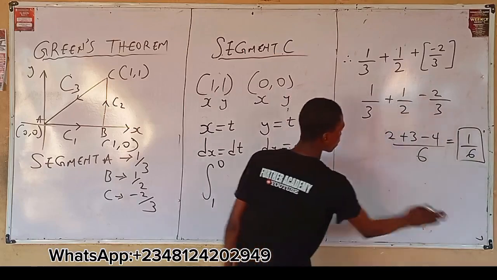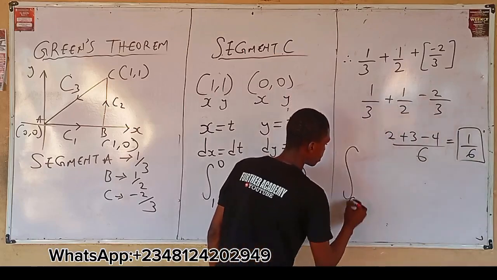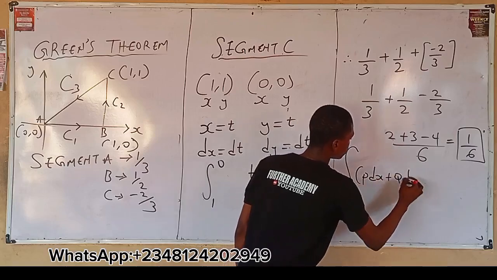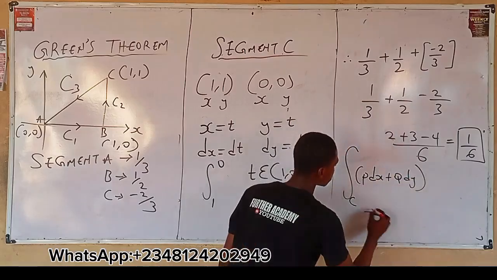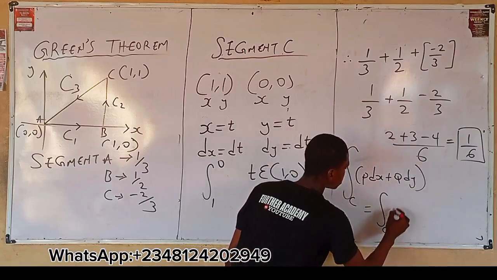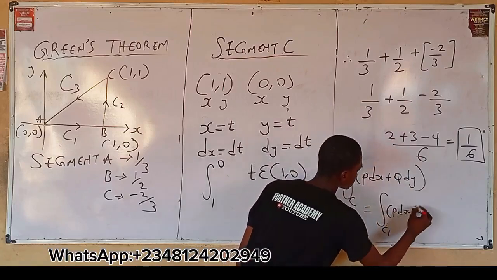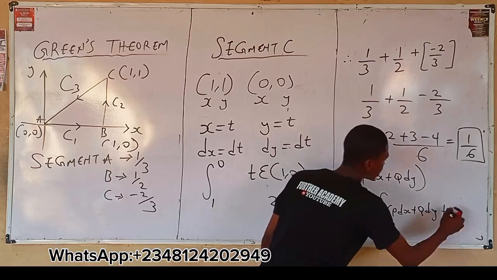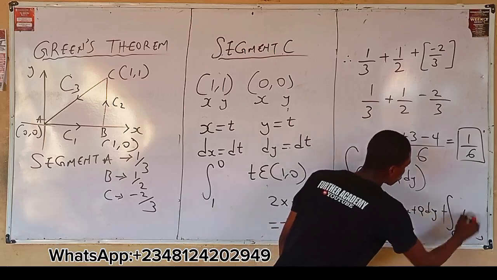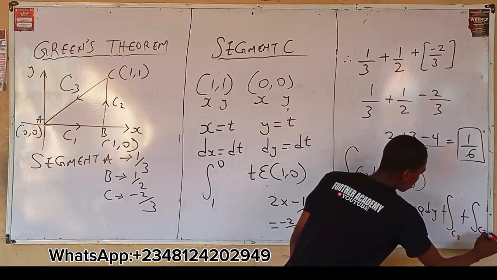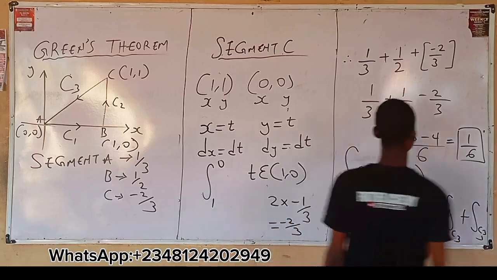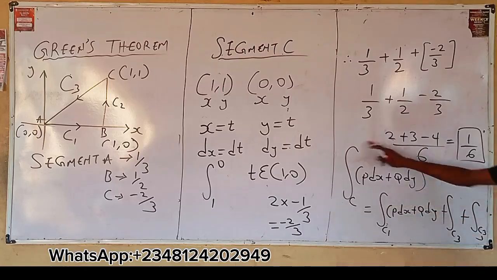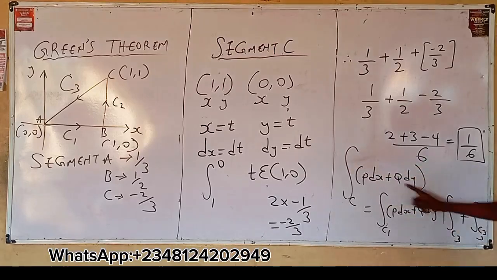So you are saying that when you apply the line integral, which is the integral of p dx plus q dy, it equals the line integral over C1 plus the line integral over C2 plus the line integral over C3.